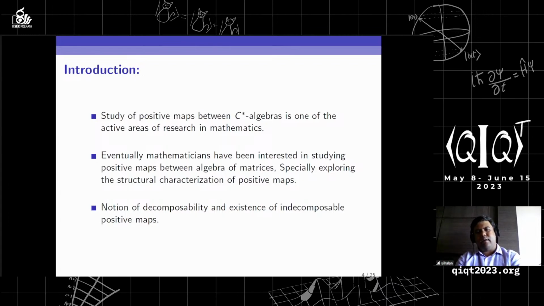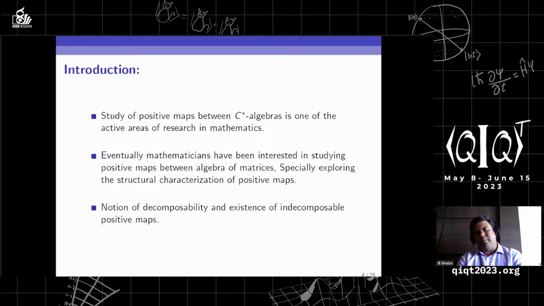Later, William Stinespring introduced the notion of completely positive maps, which we use very much nowadays. Along with that, the several works by Erling Størmer, Man-Duen Choi, and S.L. Woronowicz gave it the shape that we see today.